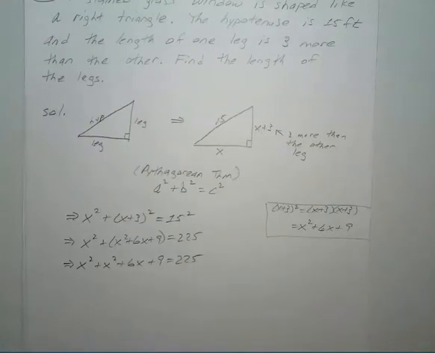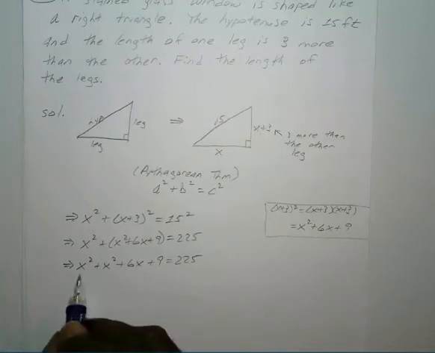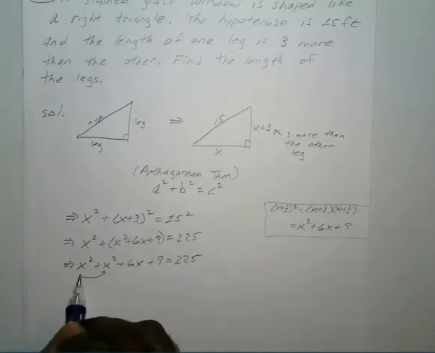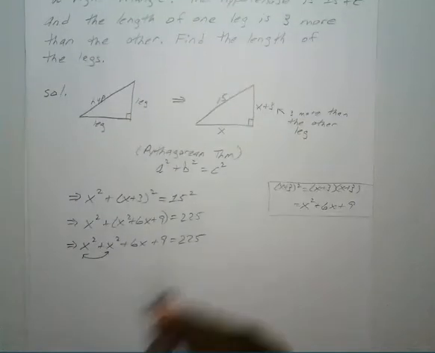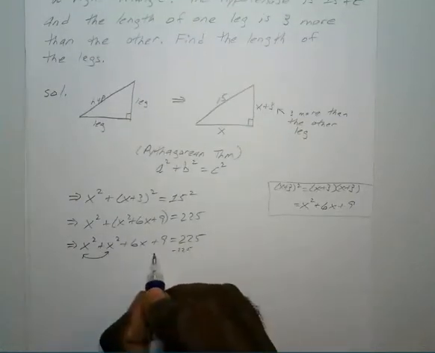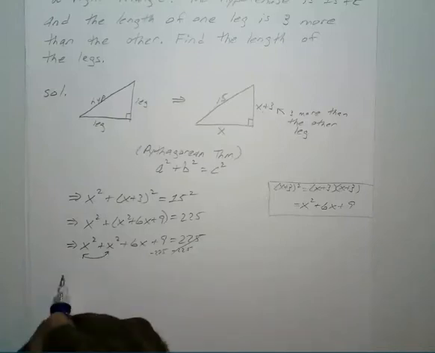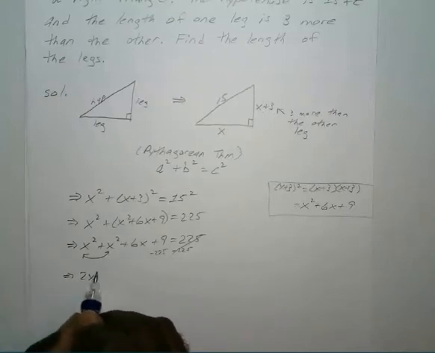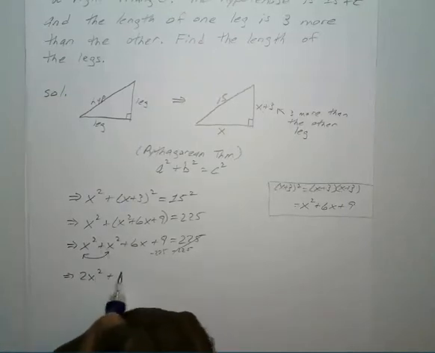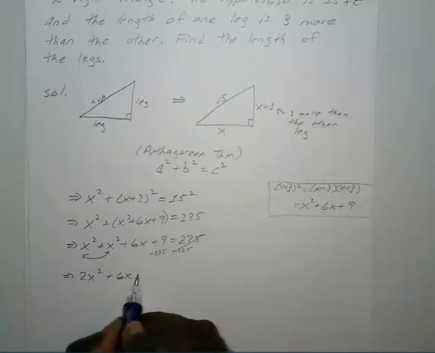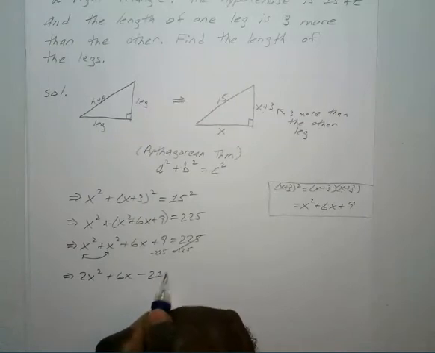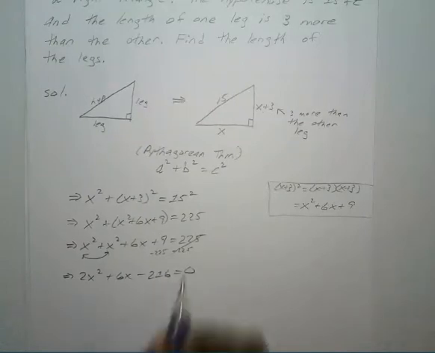So you already know we can't solve it until it's simplified and in standard form. So we can do two things. We can first combine those two, and we can subtract 225 from both sides. So x squared plus x squared is 2x squared, plus 6x minus, since 9 minus 225 is minus 216, equals 0.